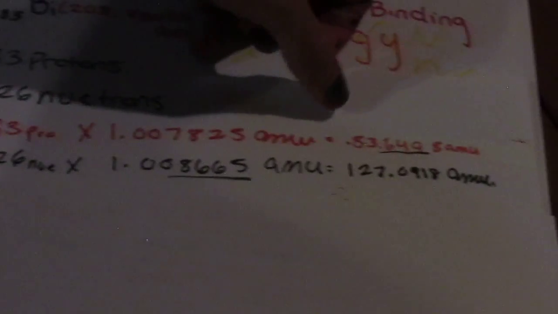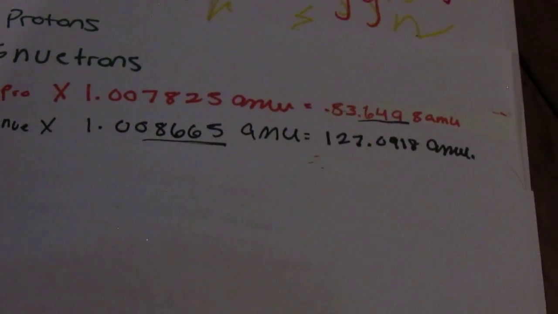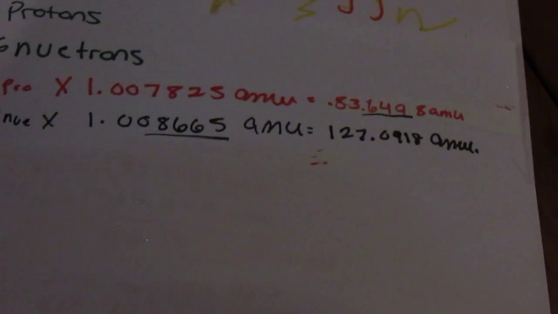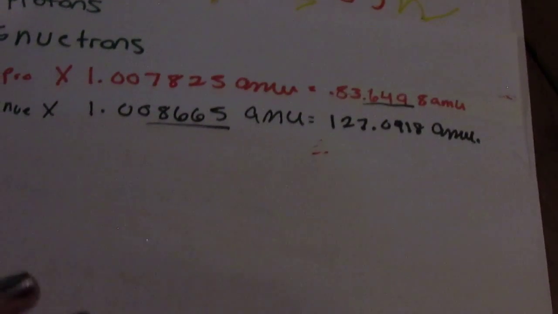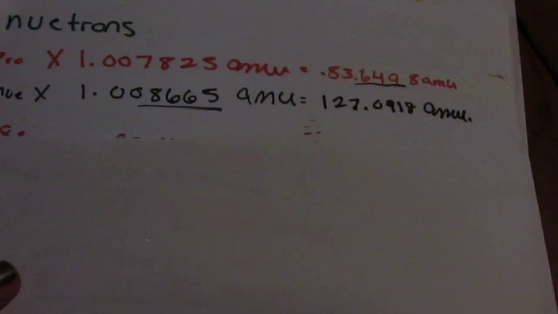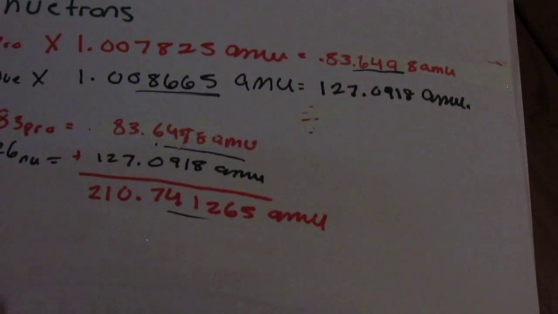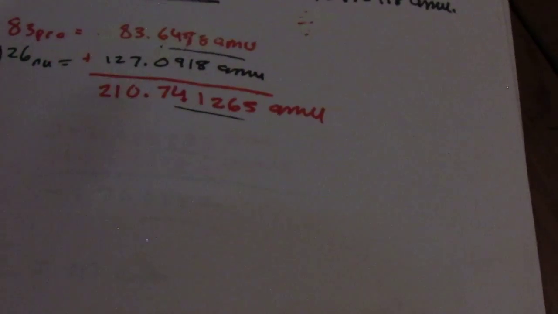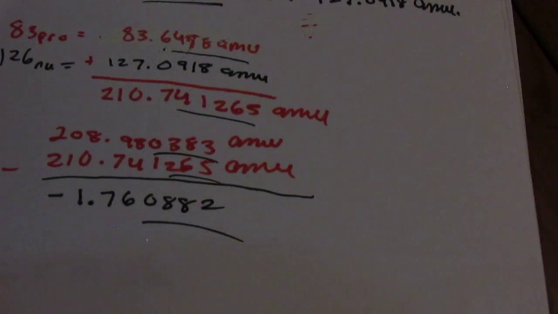So this is very accurate. It's 83.6498 AMU, and then the neutron is 127.0918 AMU. With these numbers, we actually will add them together to collect a new AMU, and with that number, we will subtract it by the number that we were given at the beginning of the equation, right there.